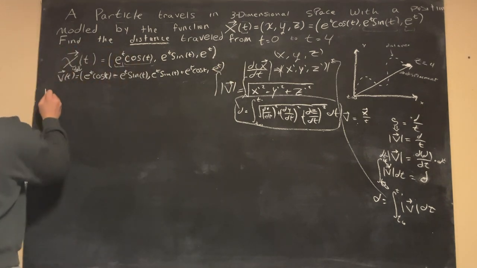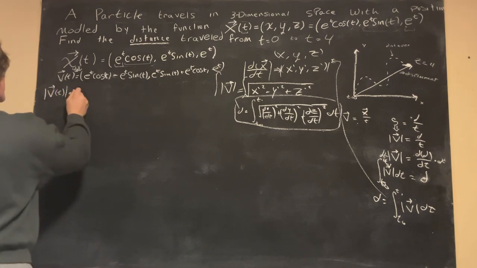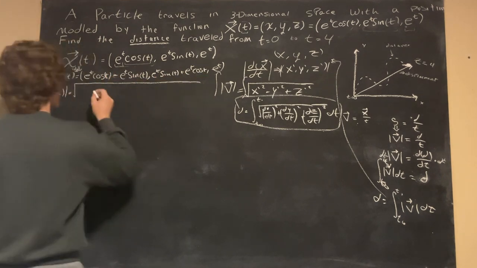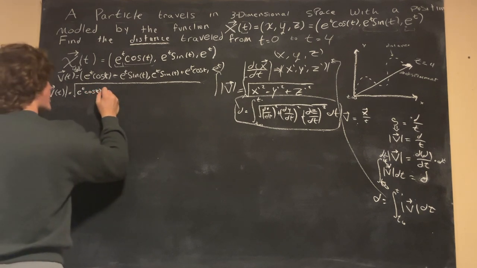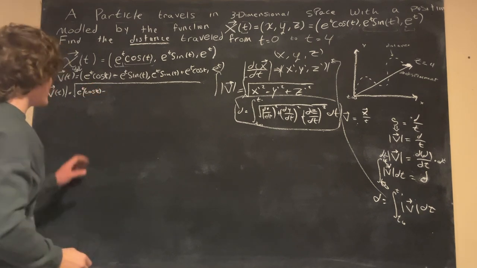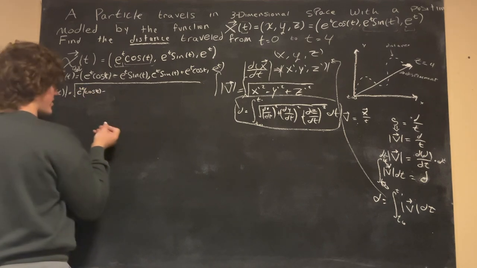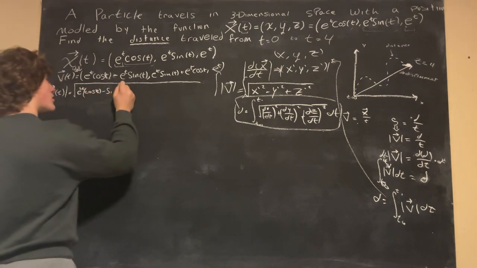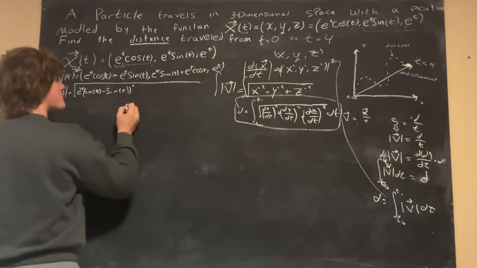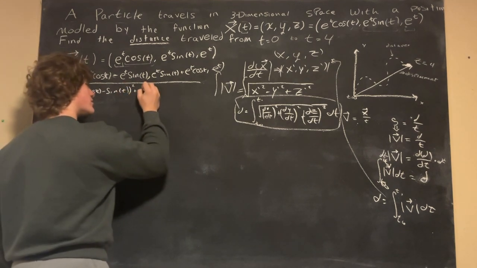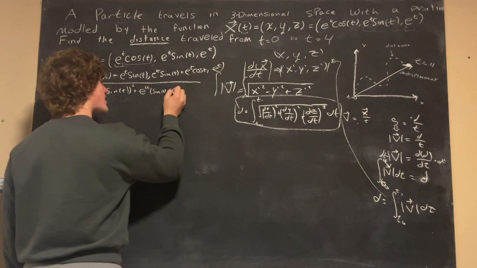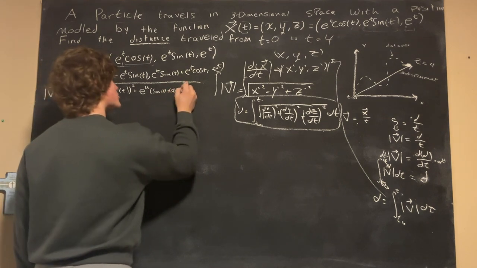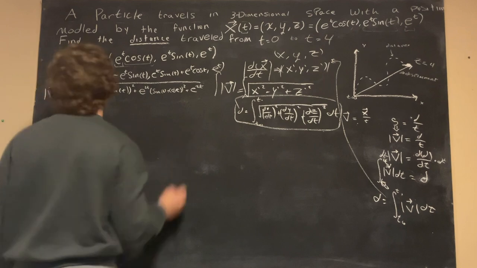Now we will be taking the absolute value of our velocity function, which is equal to the square root of this. I will factor out e to the 2t, since we had to square it: e to the 2t times cosine of t minus sine of t squared, plus e to the 2t times sine of t plus cosine of t squared, plus e to the 2t.